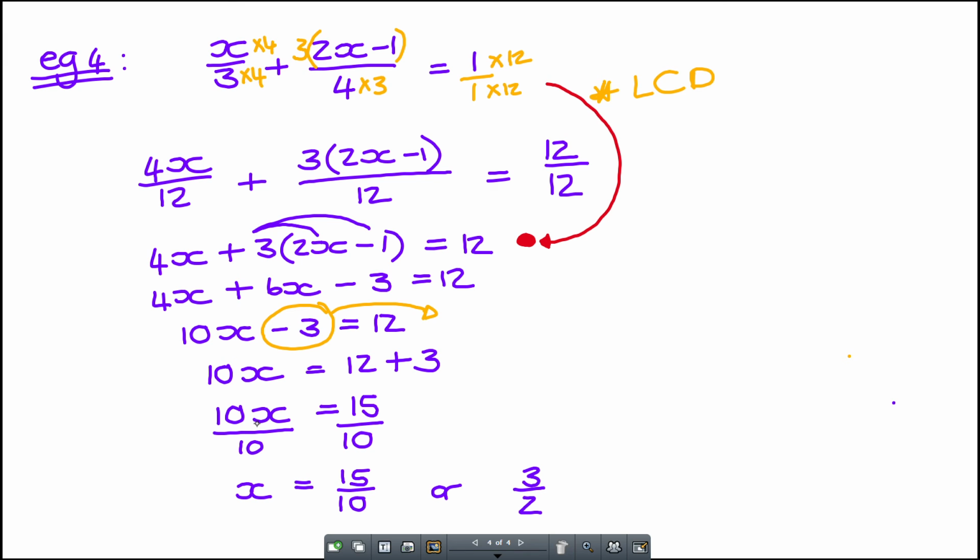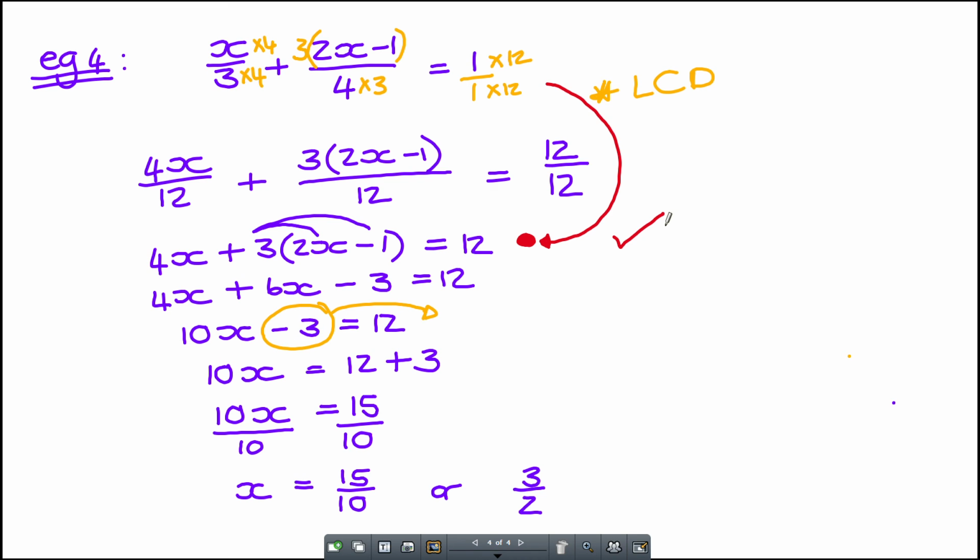Have a look. I divided by 10 because I wanted to get rid of this coefficient there. Okay, and then you'll see that these cancel out, so just x is left, and then the 15 over 10. Are you fine with that? Okay, now, where do you get your marks? You are going to get your marks here, right?